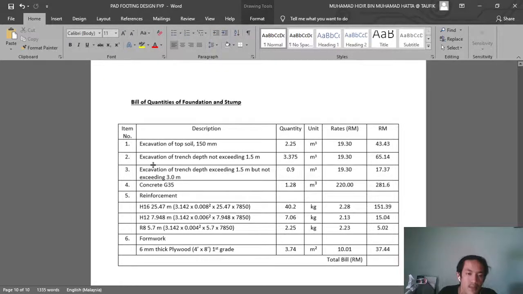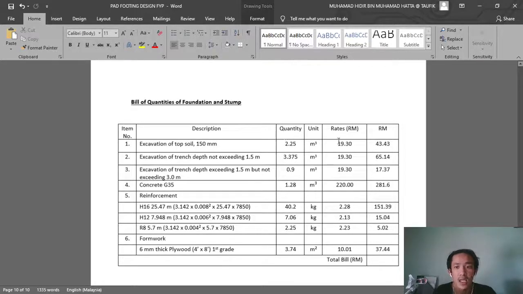And then I have done some research on the latest rate of excavation, which is from 28 July 2020.